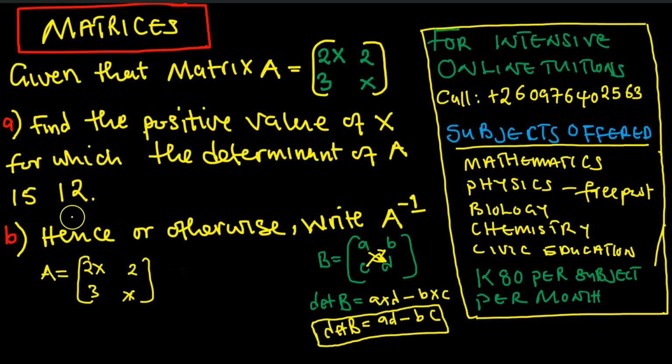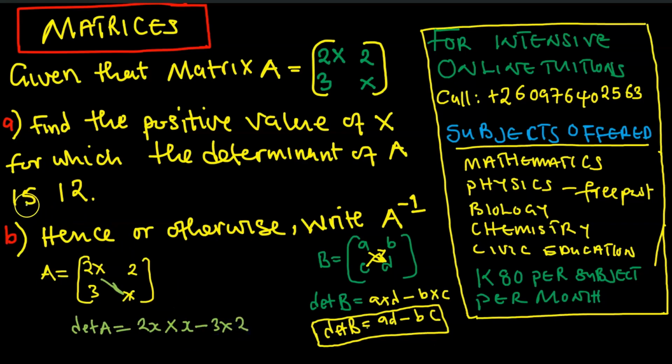Now if we are to write the formula for the determinant for this one, you are going to find that the determinant of the matrix A, using this formula, we are going to multiply this one as our major diagonal, that is 2x multiplied by x, and also minus 3 multiplied by 2.